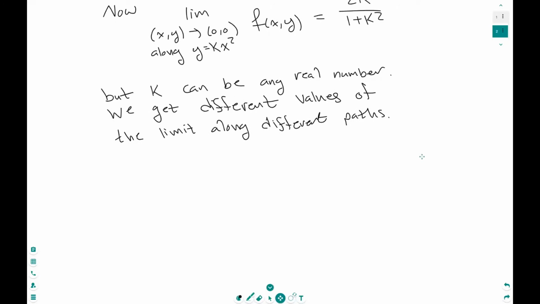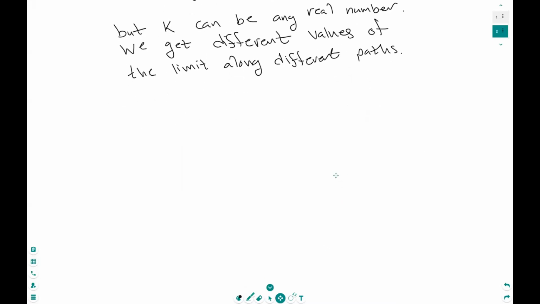Okay, so now that we've talked about these limits, let's define continuity. And then after that, I think we'll call it for today.